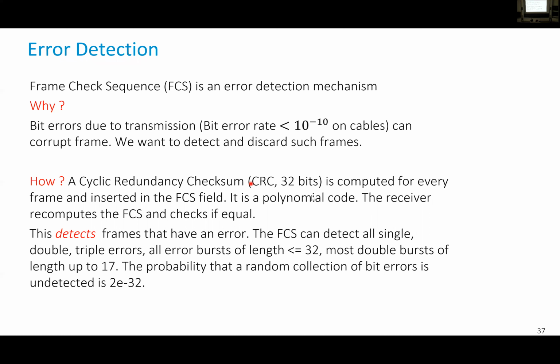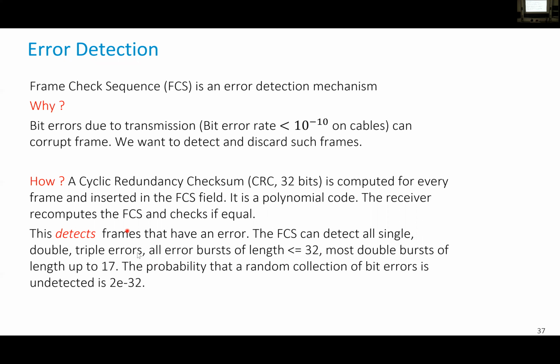This one is a polynomial checksum. It is able to detect multiple bit errors, so it can detect frames that have an error. It can detect up to all triple errors and all bursts of errors of length less than 32, and so on.